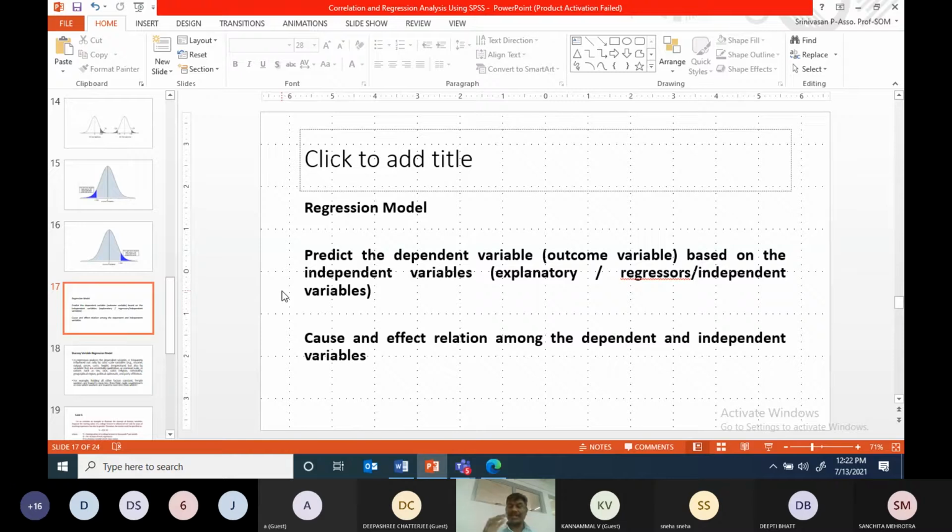We have to classify, because in regression we need to identify properly what is the dependent and what is the independent variable. In a correlation, there is no independent and no dependent.